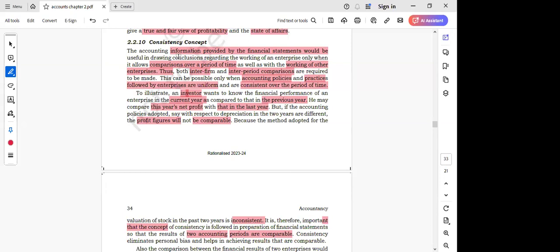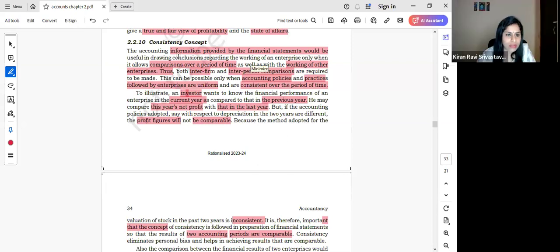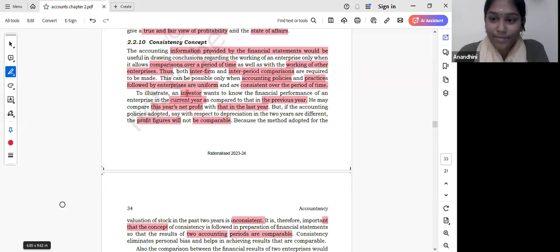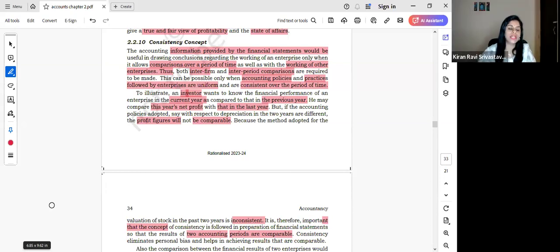Ma'am, can one company compare with another company? Yes, why not? They can compare if they are in the same type of business. For example, Tata Motors can compare its balance sheet with Toyota. They both are in the automobile car business.